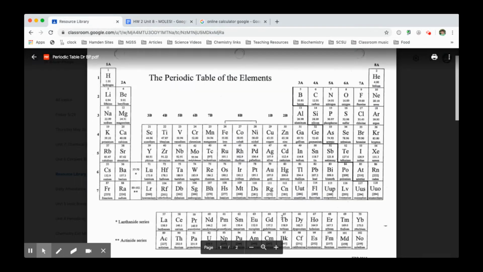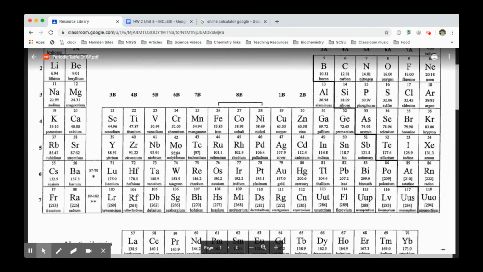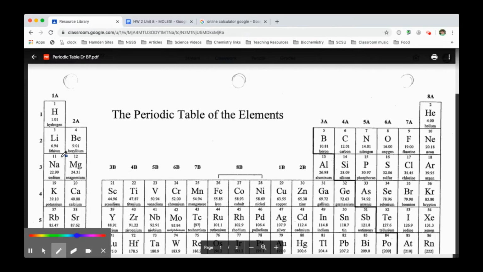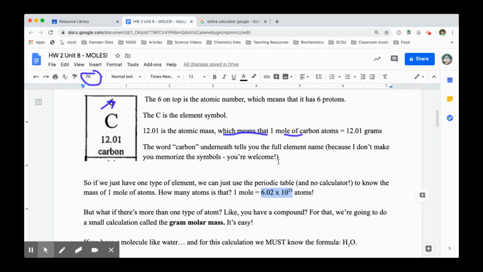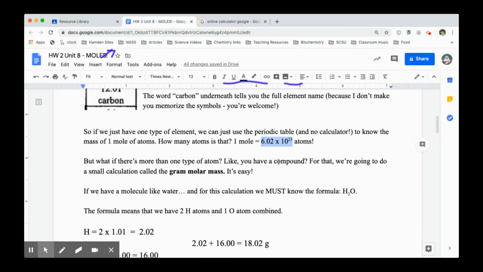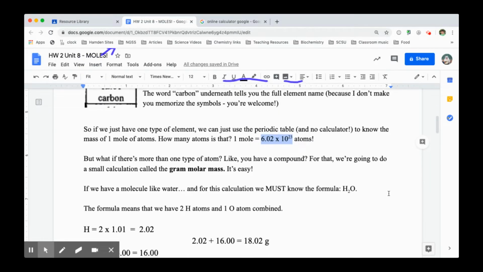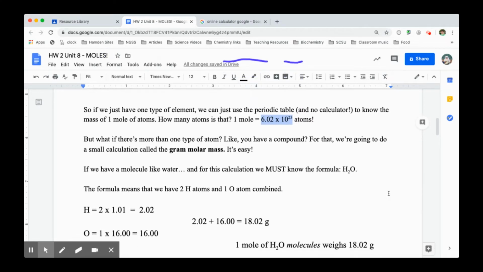So if we're looking at hydrogen atoms, 1 mole of hydrogen atoms is going to be 1.01 grams. 1 mole of chromium atoms is going to be 52.00 grams. 1 mole of aluminum atoms is 26.98 grams. So the periodic table can tell us what 1 mole of any element is. But what if there's more than one kind of atom? Like if we have a compound, we're going to do a calculation called the gram molar mass.